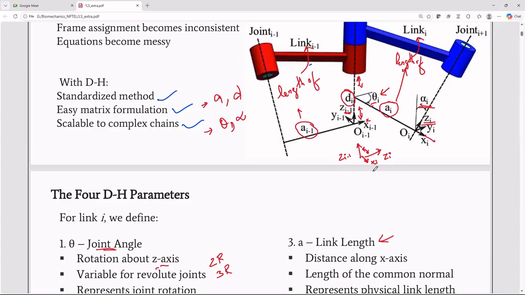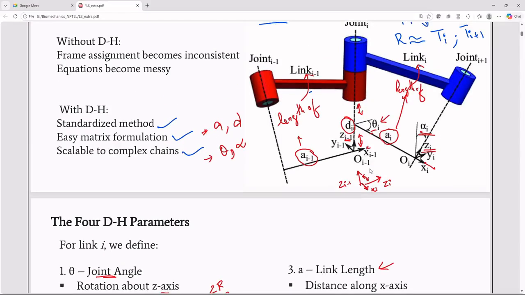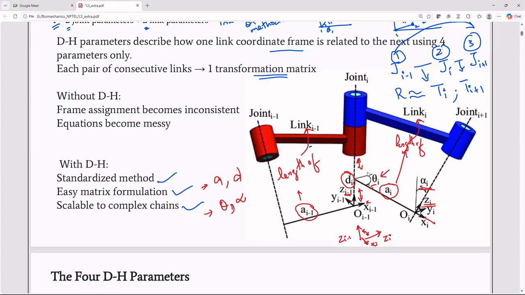So here you can see, from this axis to this axis, that is the height difference between these two coordinate systems, that is O(i-1) and O(i), in the direction of Z. That's what d(i) gives.